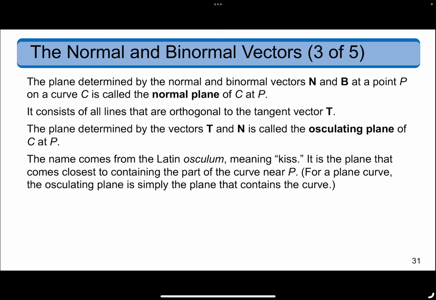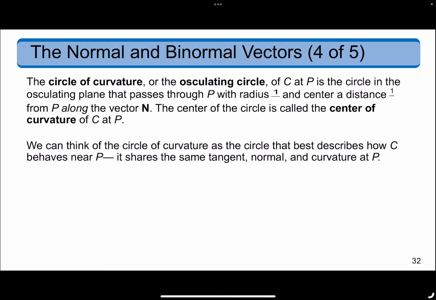It is the plane that comes closest to containing part of the curve near P, and for a plane curve, the osculating plane is simply the plane that contains the curve.